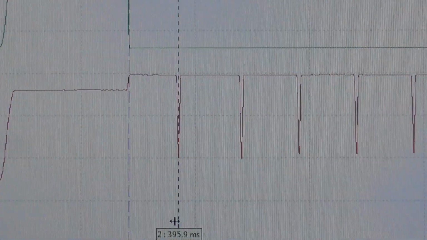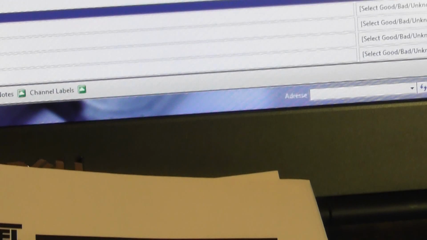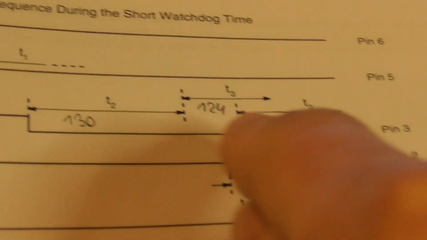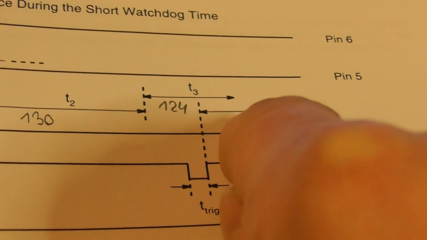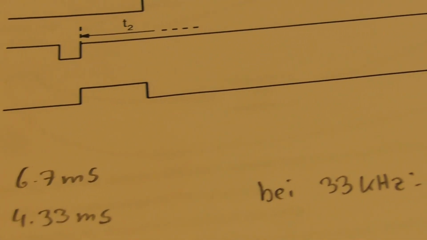Exactly in time. Next, from here 124 cycles, that means 4.1 milliseconds.